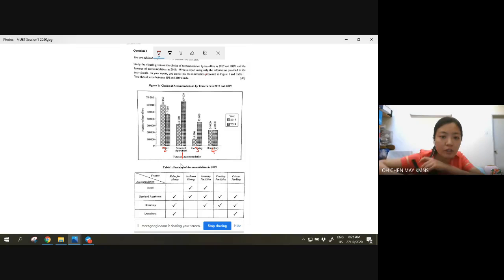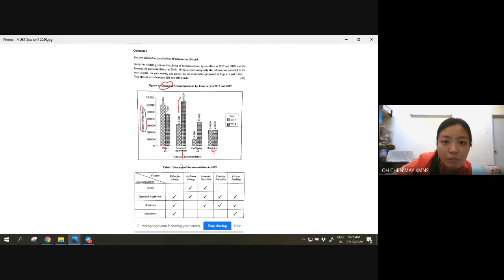And then you need to plan. In the first sentence, what are you going to talk about for service apartment? Here, what you can do is talk about what happened in 2017 first. In 2017, the number of travelers who chose service apartment was 32,000.